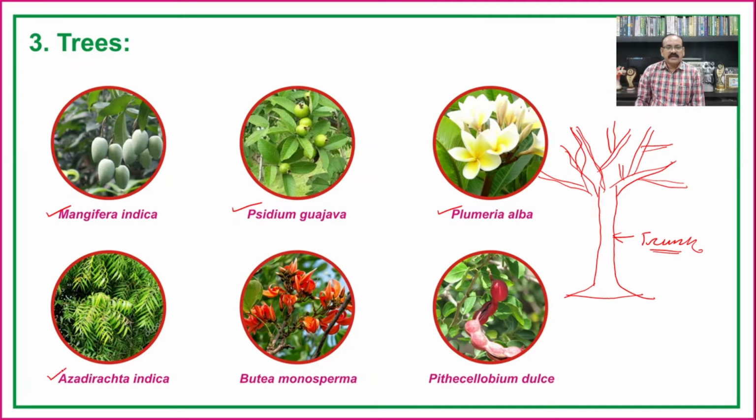Then Azadirachta indica, which is neem. Then Butea monosperma, Palash. Then Pithecellobium dulce. So these are very common examples of trees found in our area.